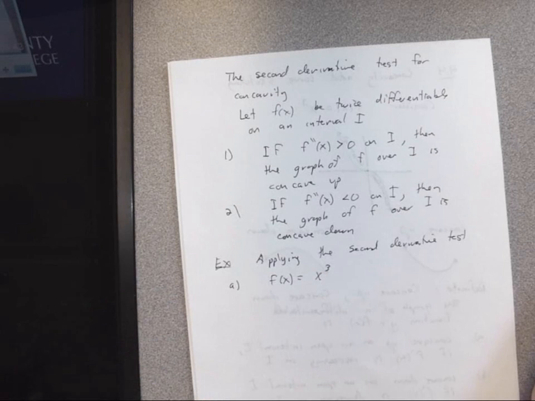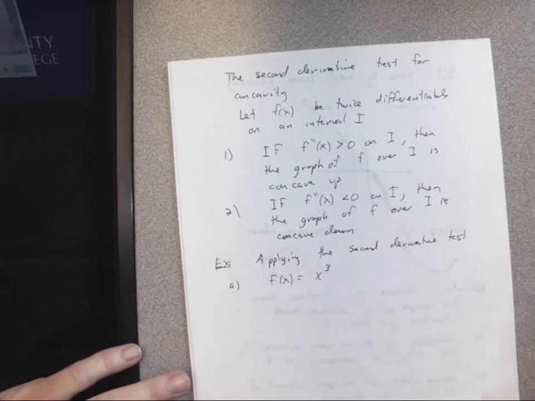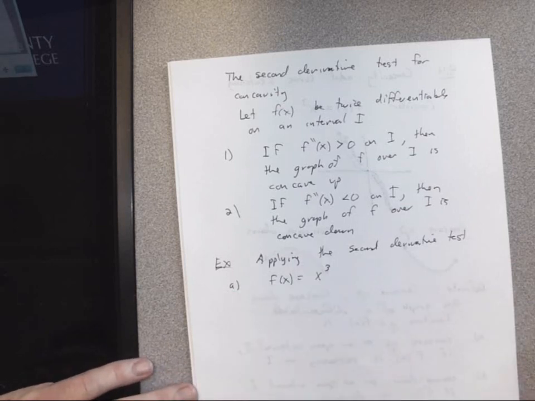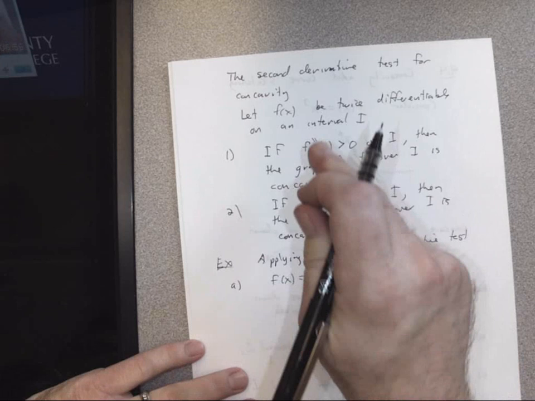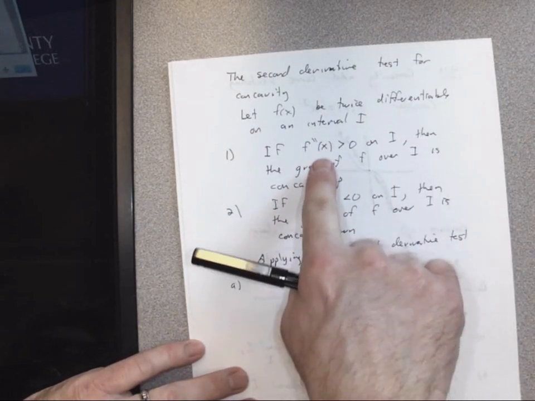What we're going to do is take its first derivative and its second derivative and determine when the second derivative is positive and when the second derivative is negative. The second derivative test means I have to take its second derivative.